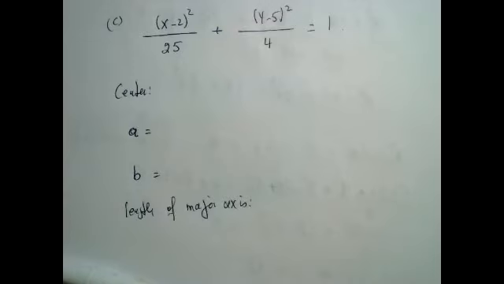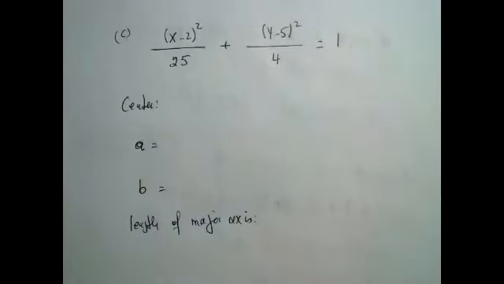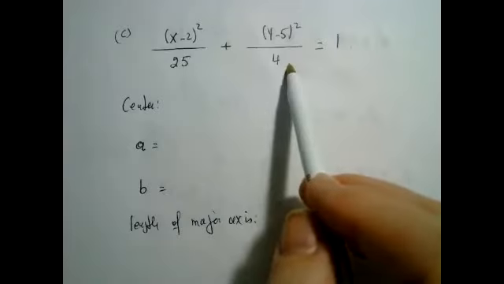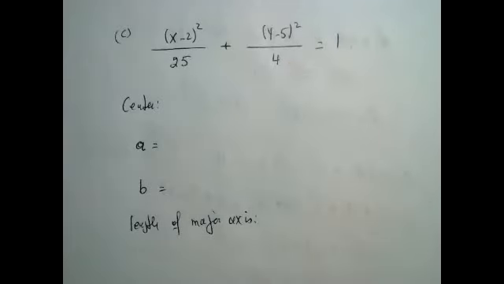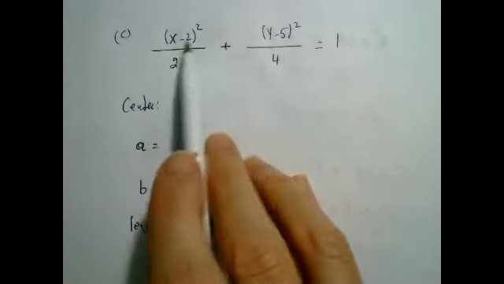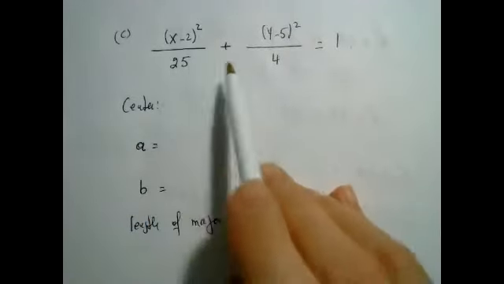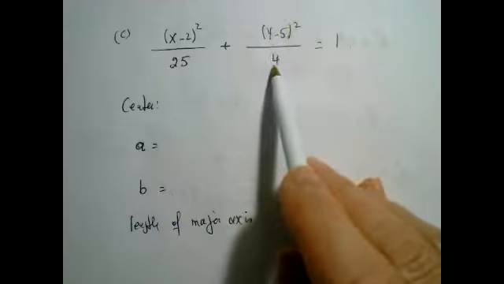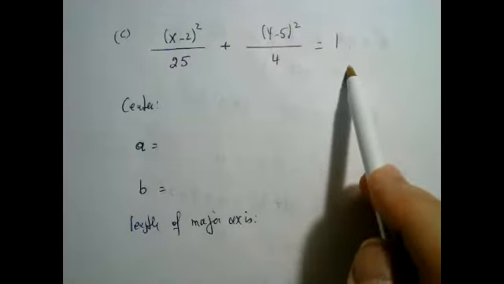Rebecca, can you read the problem? I'm trying to follow, but it's blurry. Okay. Is this blurry? Kishan, speak up. The equation is x minus 2 squared over 25 plus the quantity y minus 5 squared over 4 equal to 1.